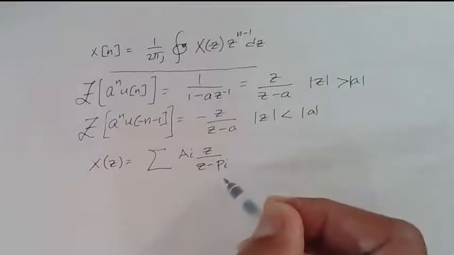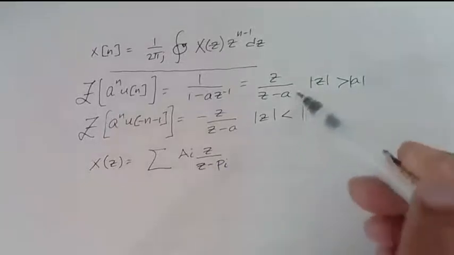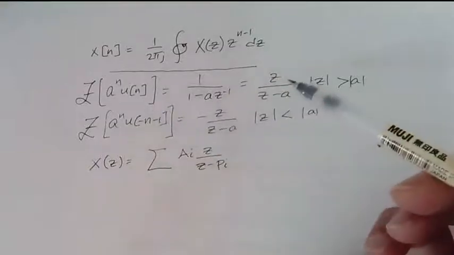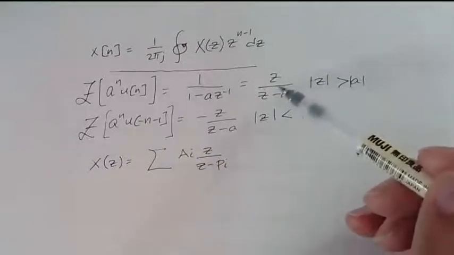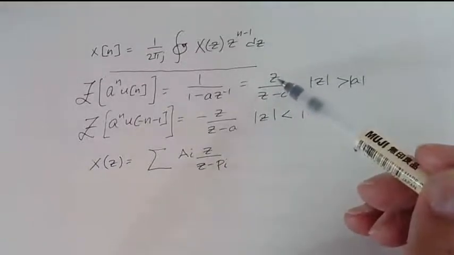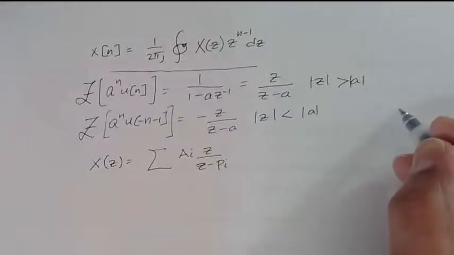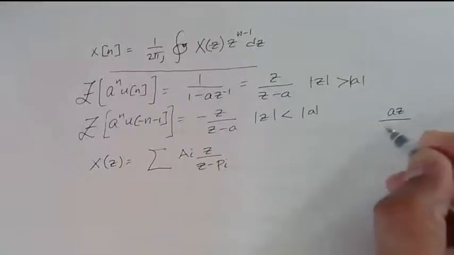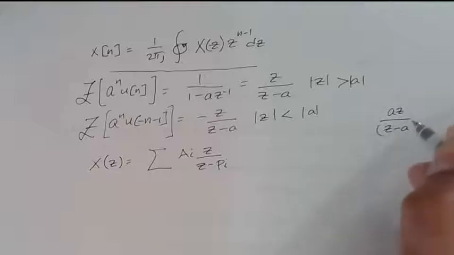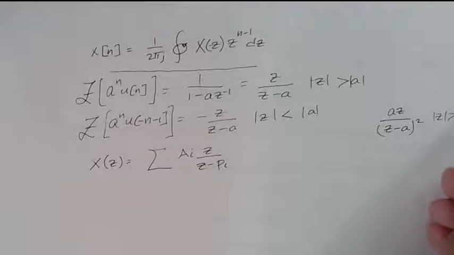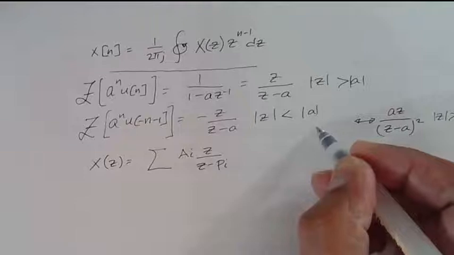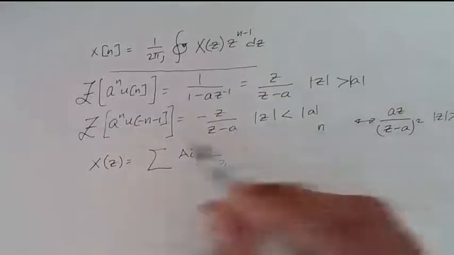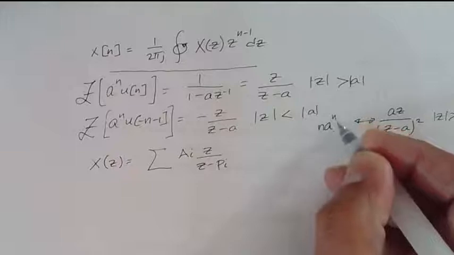Or we can have this as p sub i squared, because remember, if I multiplied this with n, that would be the same thing as taking minus z times the derivative of this, and I would get something like a z over z minus a squared. If my region of convergence is z greater than a, then the corresponding discrete time function is just n times a to the n u of n, right?